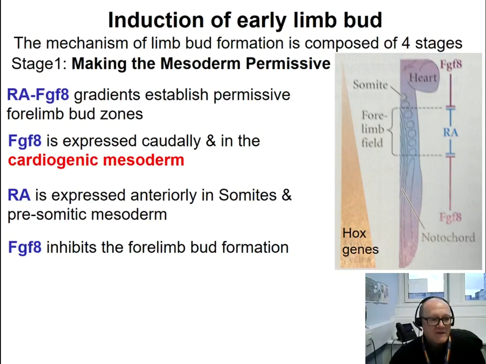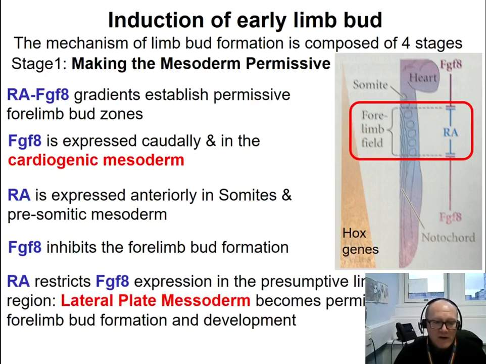So only a small region of the lateral plate mesoderm receives enough retinoic acid so that it can become permissive to produce the forelimb bud.